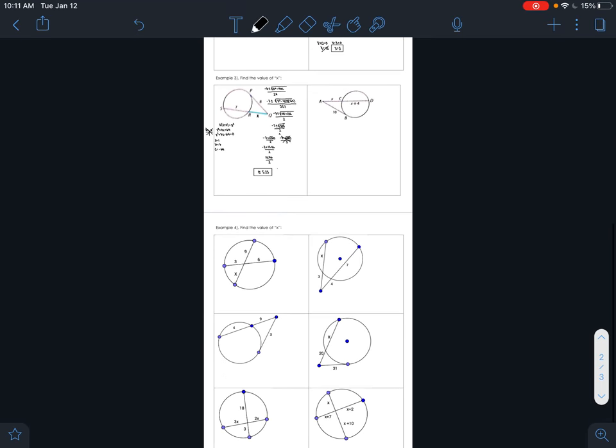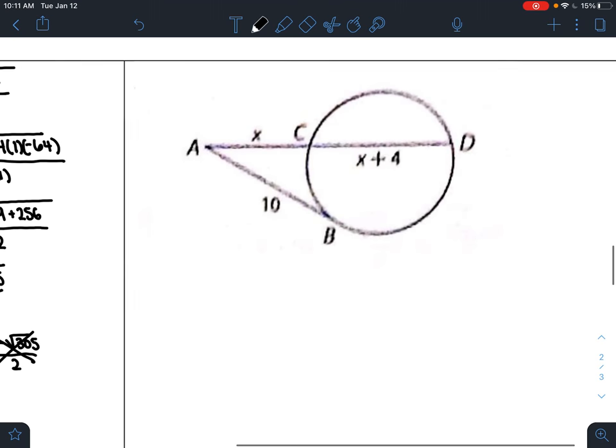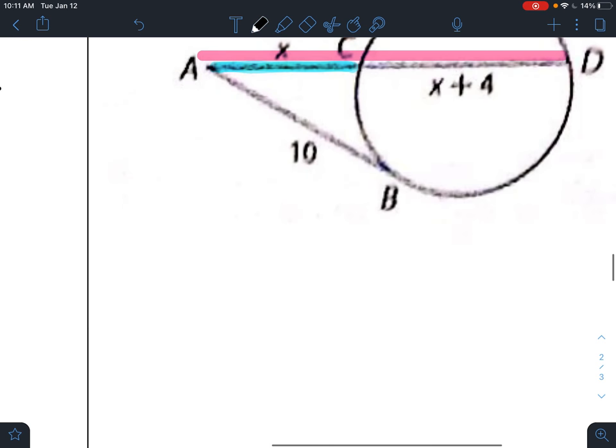Okay, so we're going to try it again. We're going to do this next example. Here we go. We're going to take our secant and we're going to do x, and then multiply it times the entire secant. So I'm going to have x times, and if I add those two together, I get 2x plus 4 equals 10 squared.